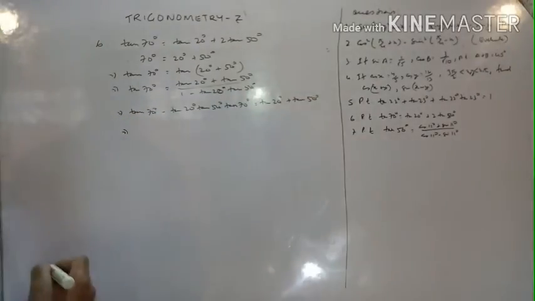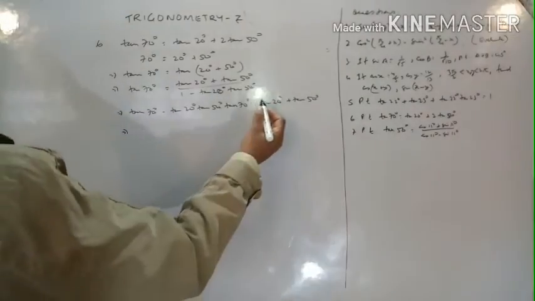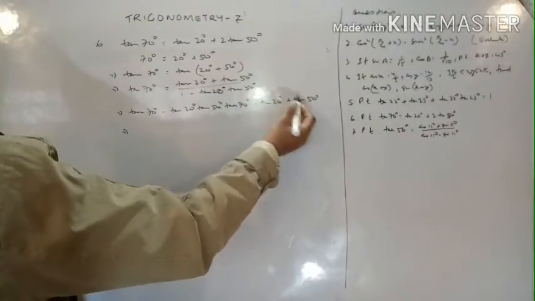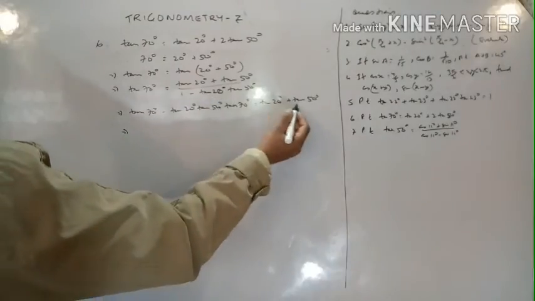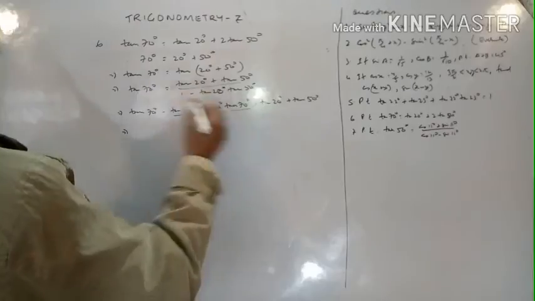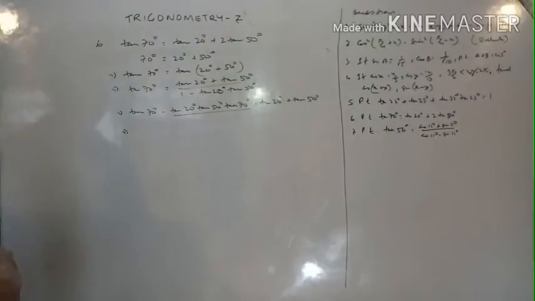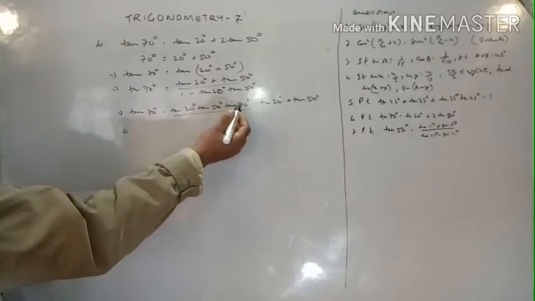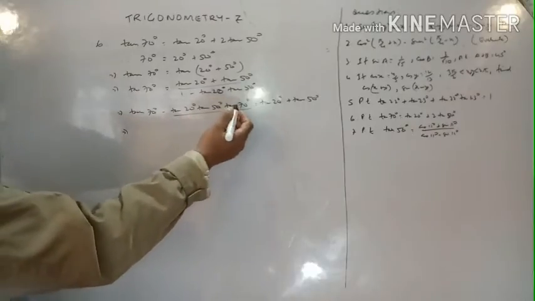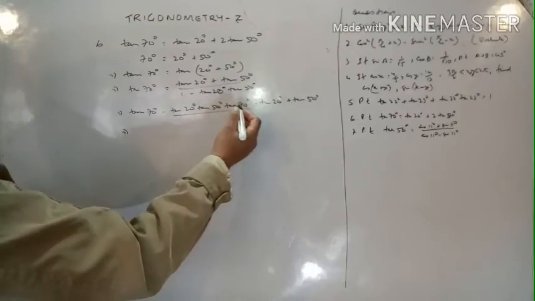Here you see tan 20 and tan 50 are there, and tan 70 is also there. Now, because we need two tan 50, we have to convert tan 20 into tan 50. How can we do that? Here we know 20 plus 70 is 90, so these are complementary angles. So we use the ratios of complementary angles.